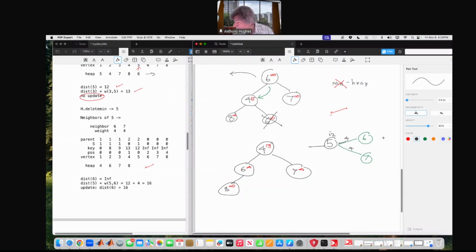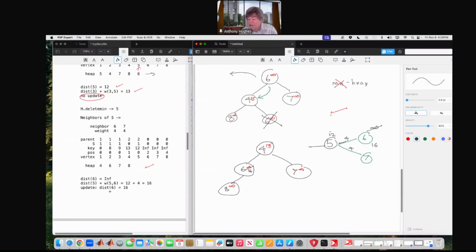So we got infinity here and we got 16 here. Obviously, 16 wins out. So we're going to change 6 to 16.